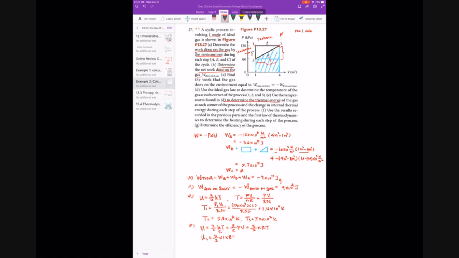So n is 1, R is 8.32. Temperature for the first one is 1.4 times 10 to the 4th. And that will give you the thermal energy, which is 1.8 times 10 to the 5th joule. Similarly, you can find the second one. I'm going to just write down the answer. You can verify by yourself.